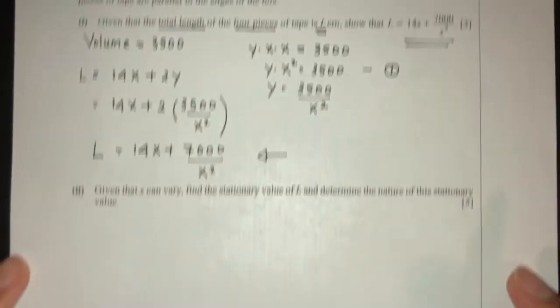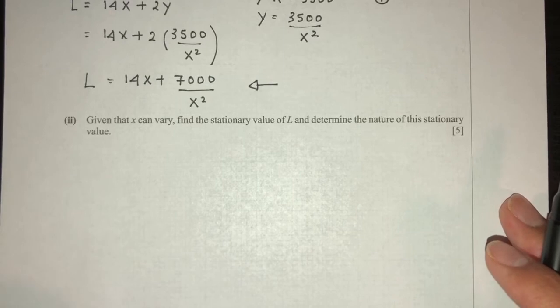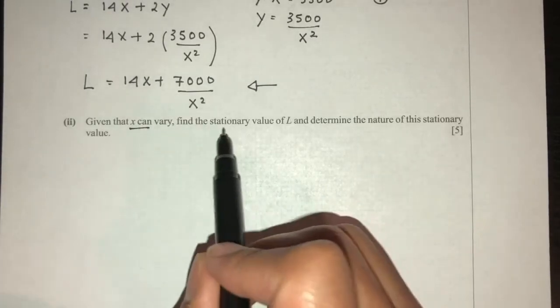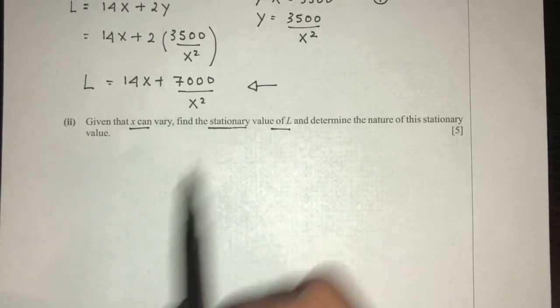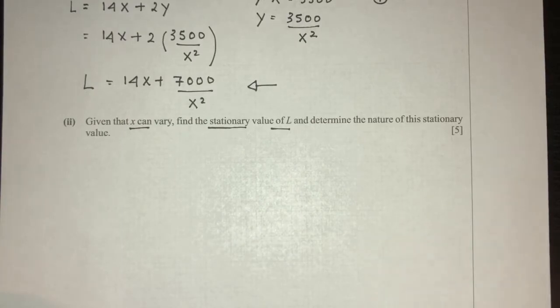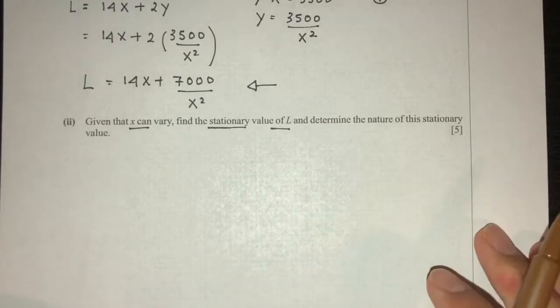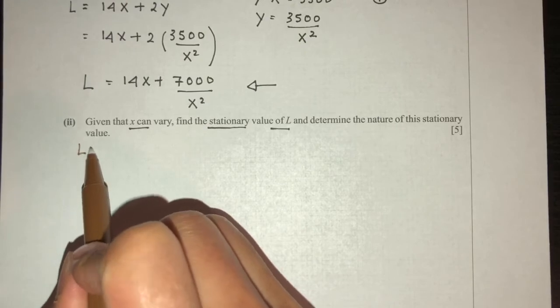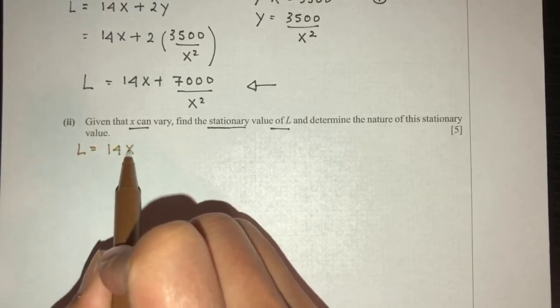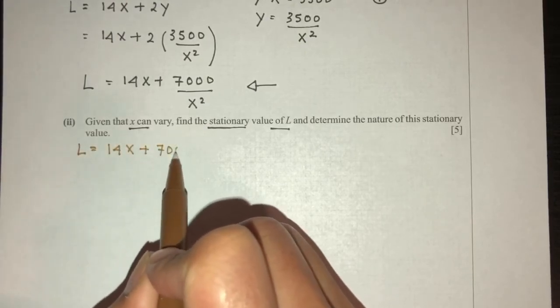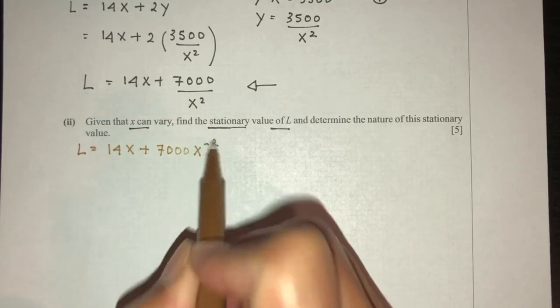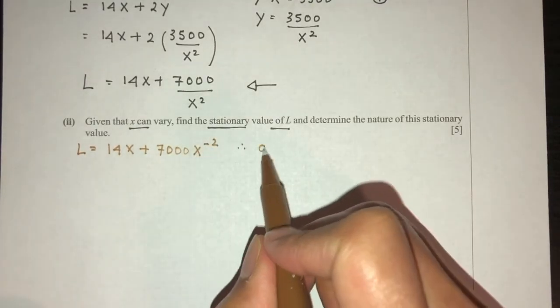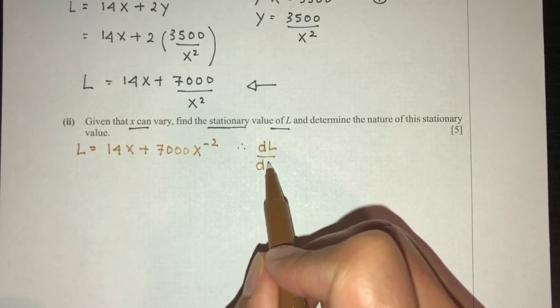Now let's move on to part 2. Given that x can vary, find the stationary value of L and determine the nature of this point. So pretty easy. Let's first write L as this. L is equal to 14x plus 7,000 x power minus 2. So dL by dx.